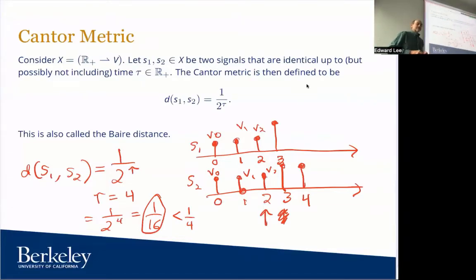Okay? So that's called a Cantor metric. It was first used by Georg Cantor, same guy who figured out that there's more than one infinity. Okay, and anyway, it's also called the Baire distance because, like most things, it got reinvented independently by somebody else.